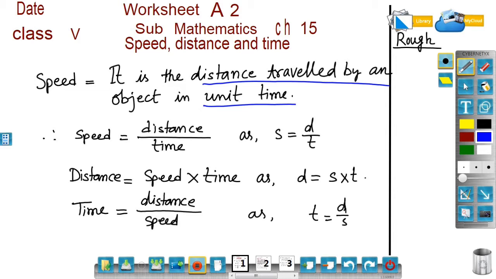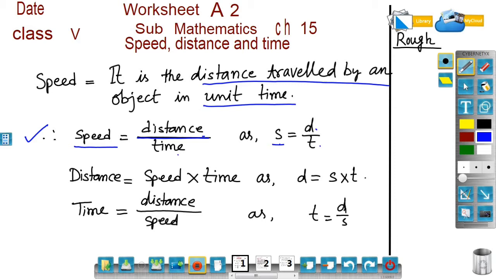By following your textbook, speed is given as distance divided by time, denoted as small s equal to small d divided by small t. That means s denotes speed, d denotes distance and t denotes the time taken.